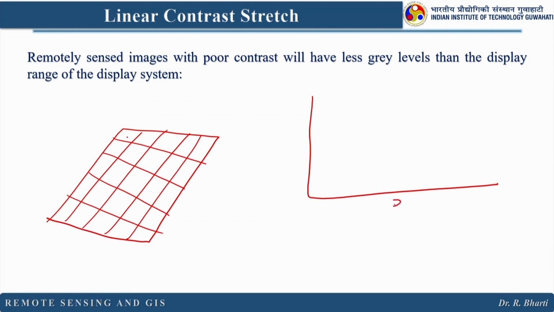So, here these will be DN numbers and this is the frequency, right. You can find there may be certain unique numbers and this is the histogram distribution, right.